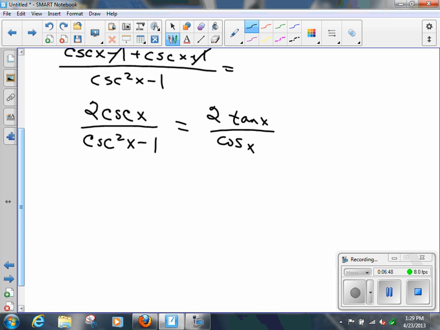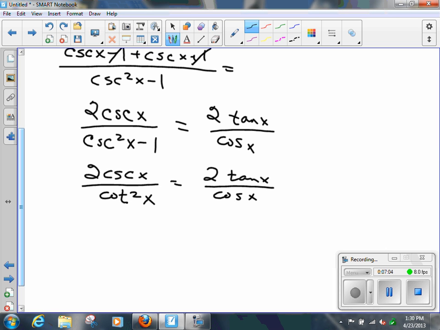What is cosecant squared minus 1? One more time. It's cotangent squared. 2 cosecant x over cotangent squared x, isn't it? Now, what in the world possesses me to throw that cotangent squared in there? Why do you think I would keep that in there? Any thoughts?